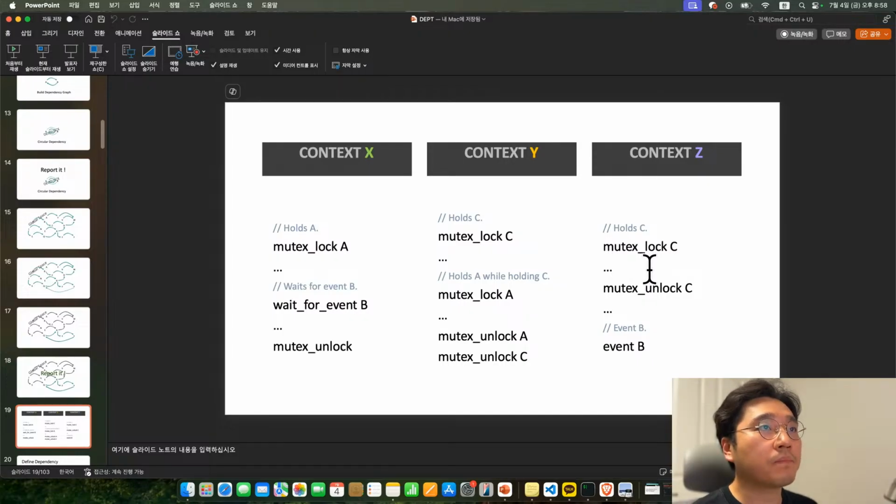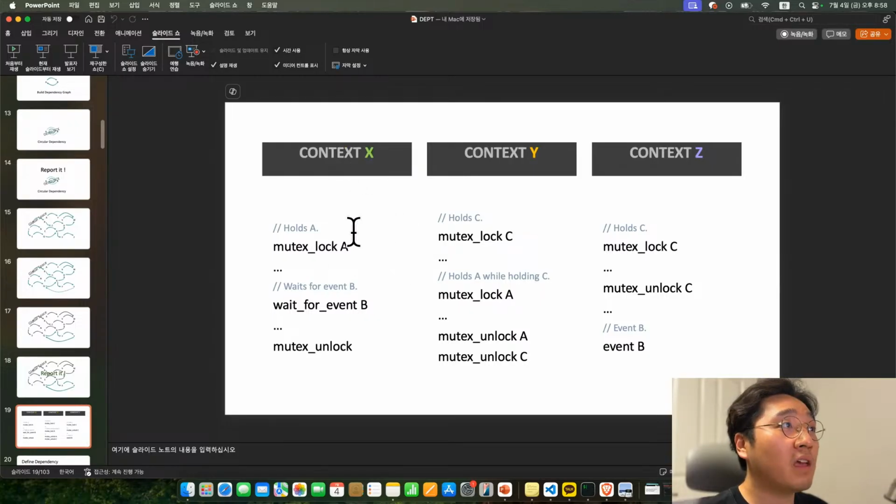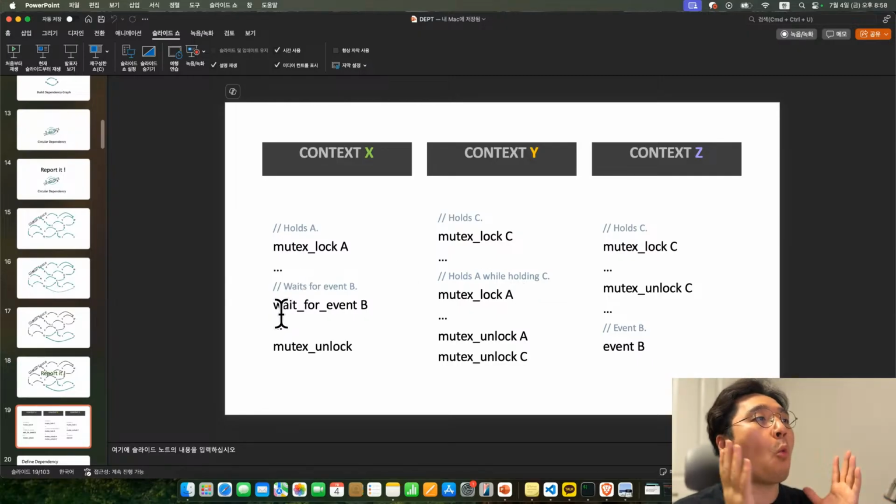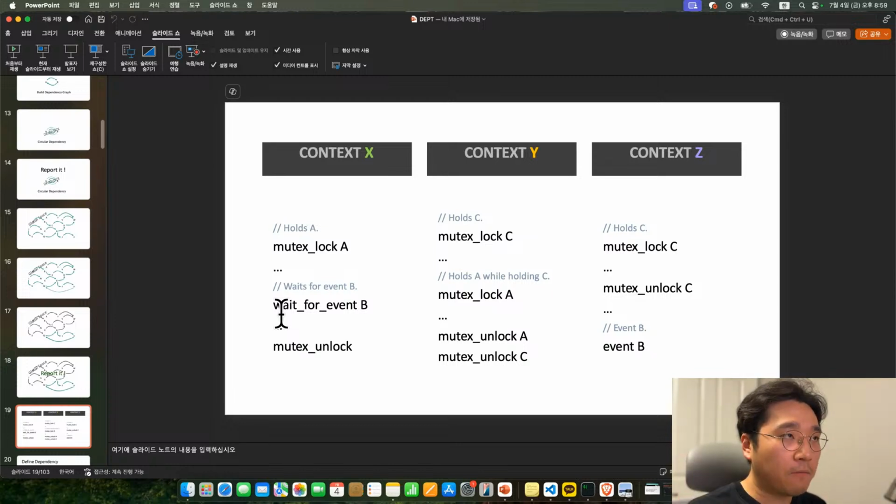Context Y wants to hold the lock A, but as you know, context X is previously holding the lock A, so context Y waits here to hold the lock A. Next, context X waits for an event B. This is not a lock; it is waiting for an event occurring from another context.